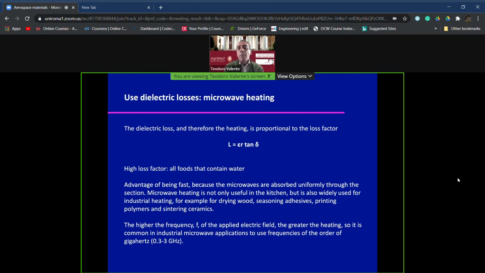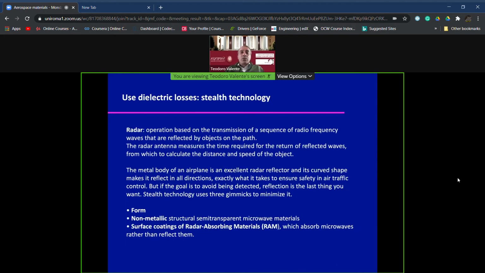And in common industrial microwave applications, the frequencies used are in the range of the gigahertz, around 1 gigahertz, to be precise, from 0.3 to 3 gigahertz. So it is in the range of frequency which is also interesting for our purpose.